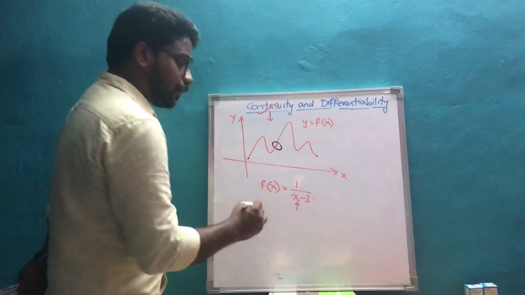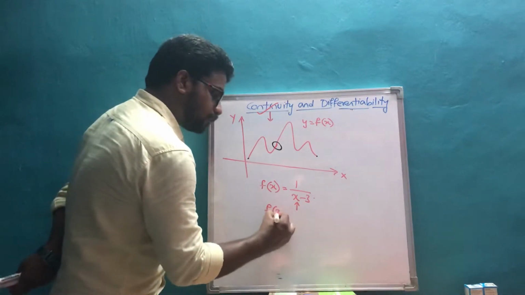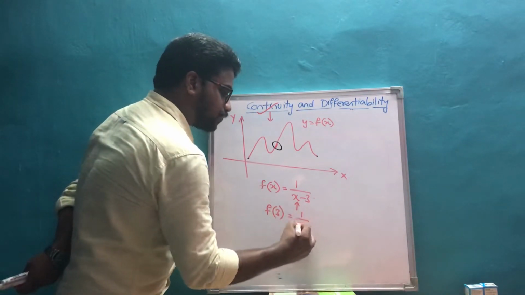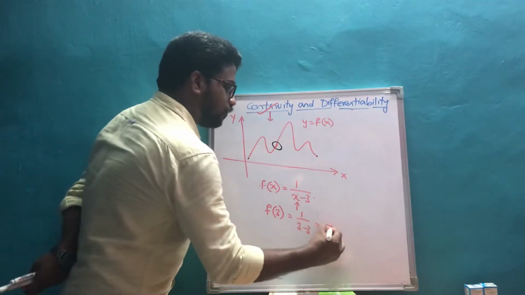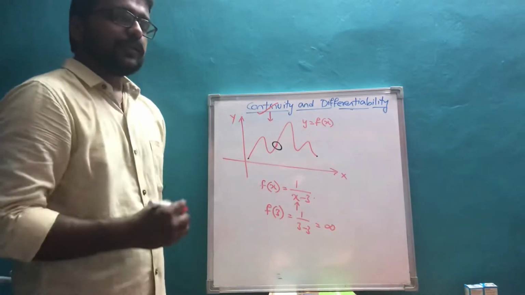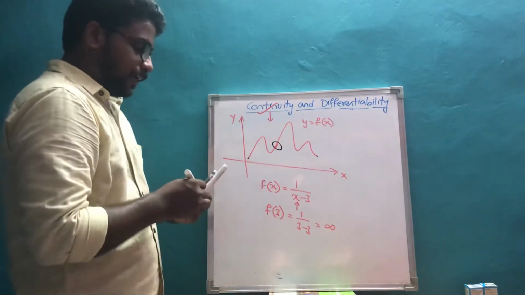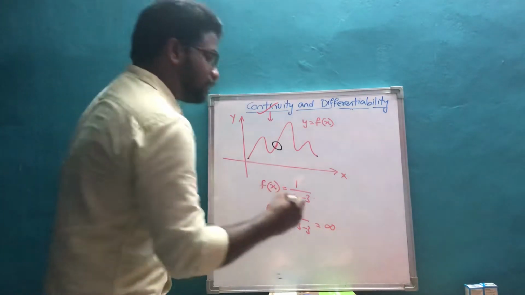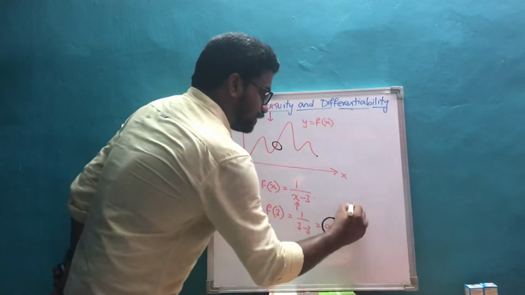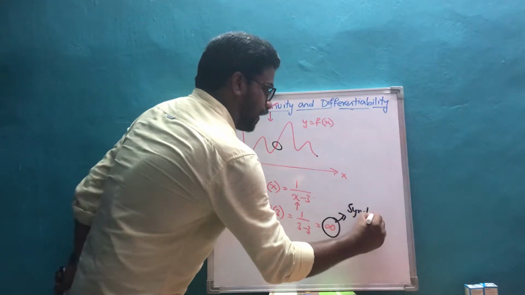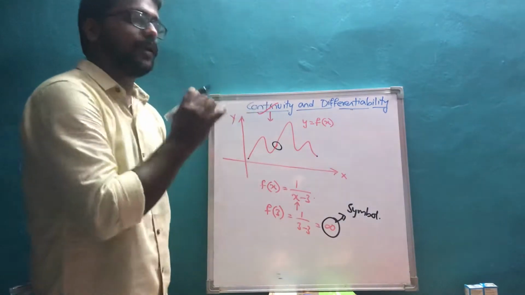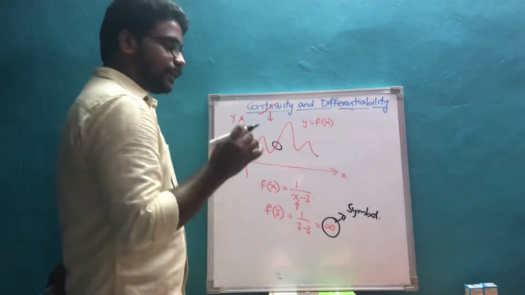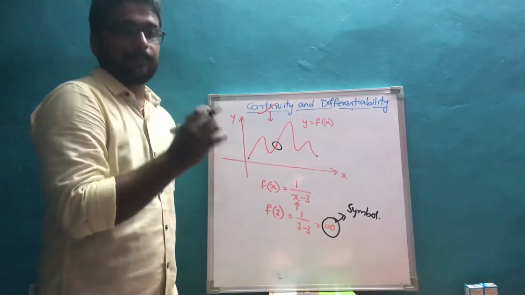Now observe what will happen to this function when I replace x with 3. This will give you a value of undefined. Please remember one point here: infinity is just a symbol that represents the highest possible positive number. It's not a number.